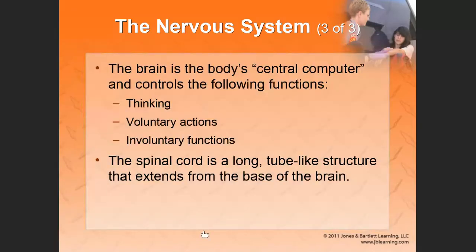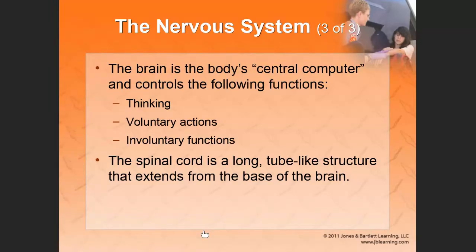Now, the brain is the body's central computer, and it controls the following functions: thinking, voluntary actions, and involuntary functions. So as I said before, there is a section of the nervous system that deals with voluntary functions or actions, meaning the brain has direct control.